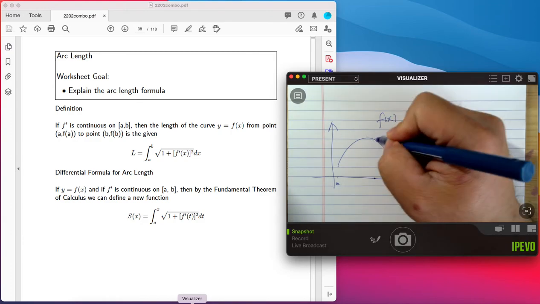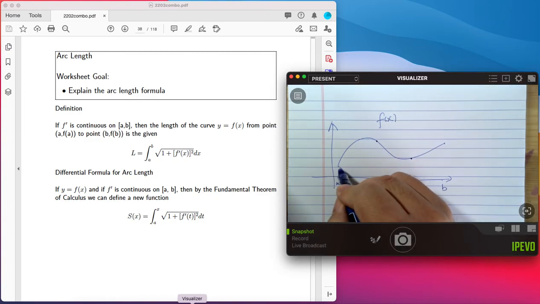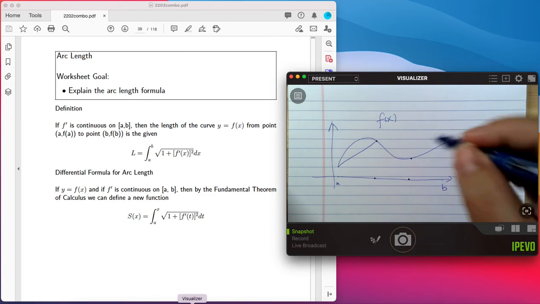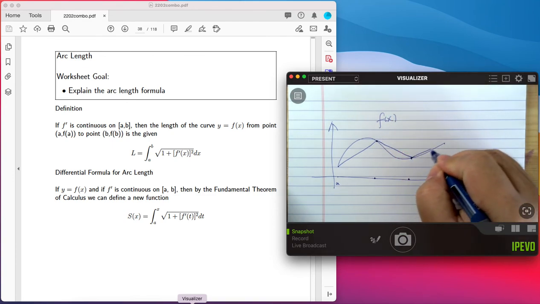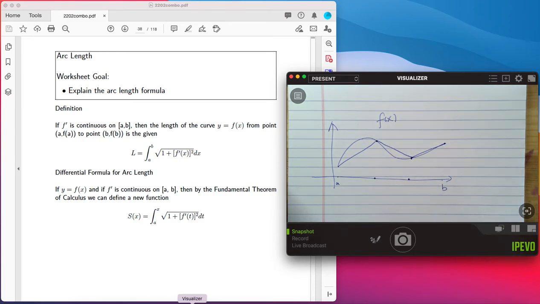Correspondingly, I'm going to use the straight lines to do the approximation. You can see that if I partition the interval into 3 equal length parts, the approximation is pretty bad.